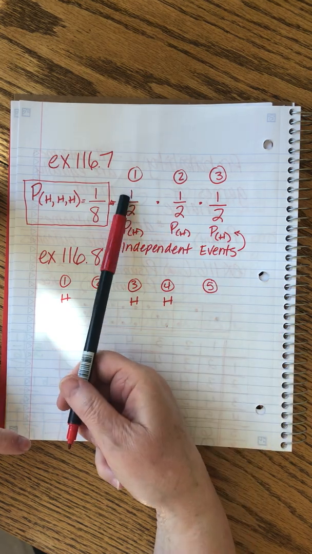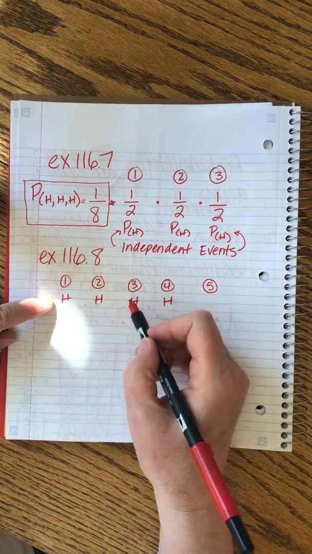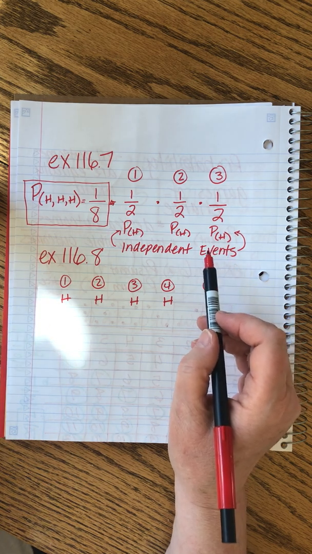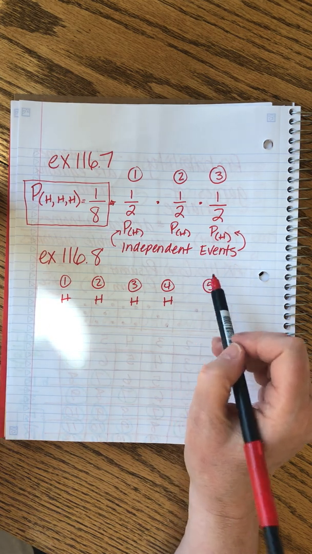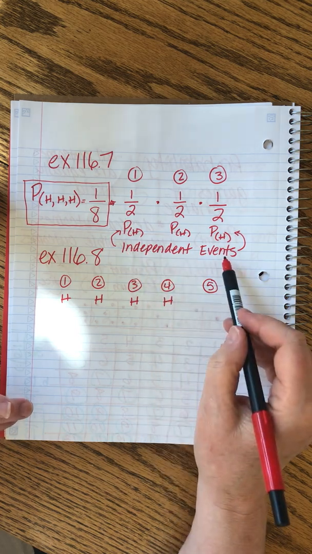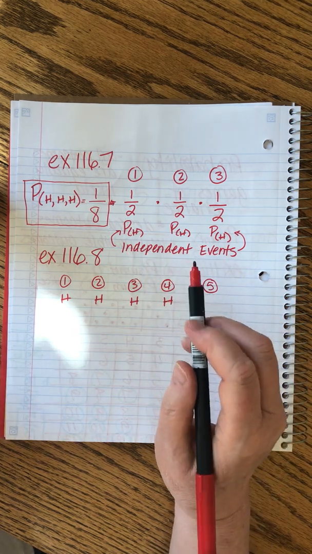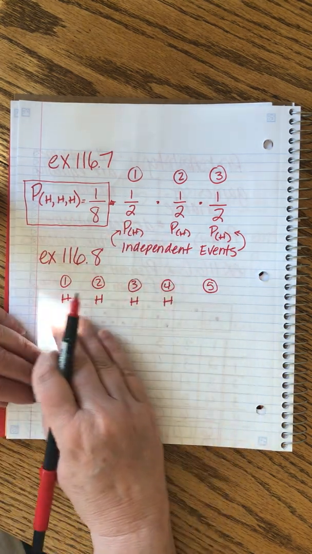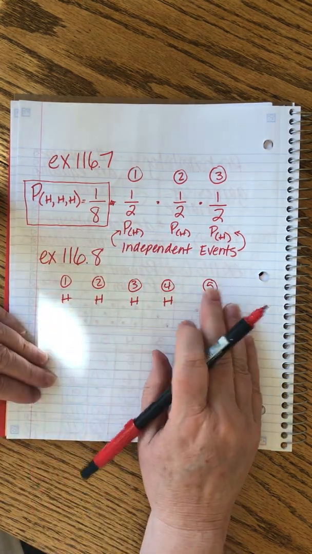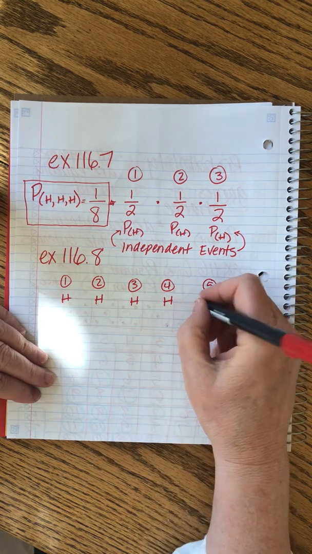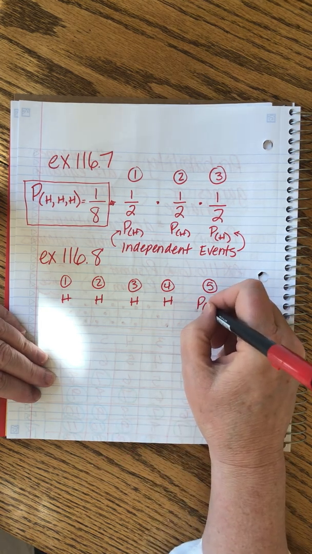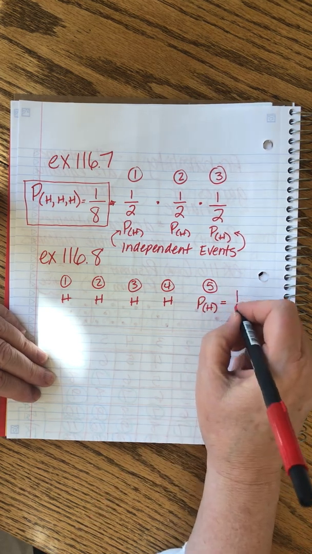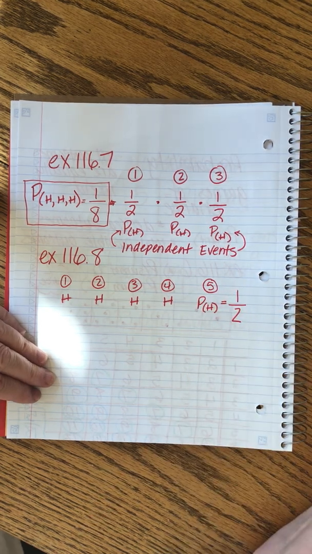Well, what did I just say up here, right? It doesn't matter what's happened in the past. Each event, each roll of the dice or flip of the coin is an independent event. The odds of a certain thing happening in that toss are exactly the same no matter what has happened in the past. So the probability of getting heads in our 5th toss are exactly what they always are, 1 out of 2.